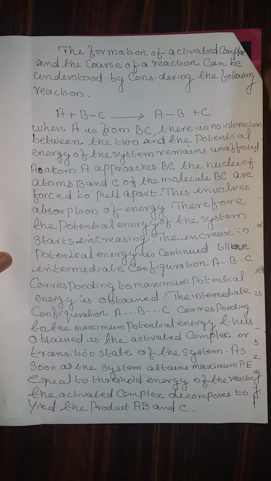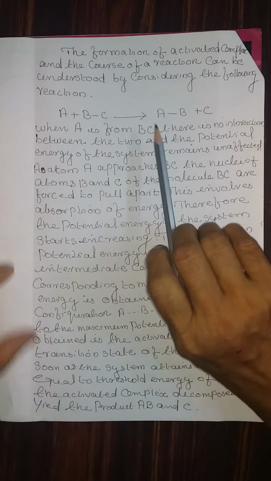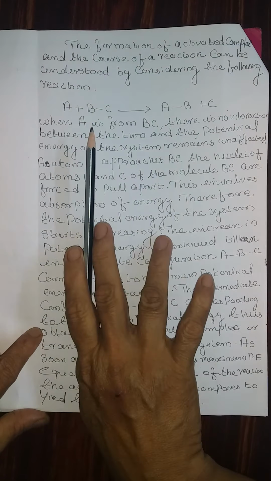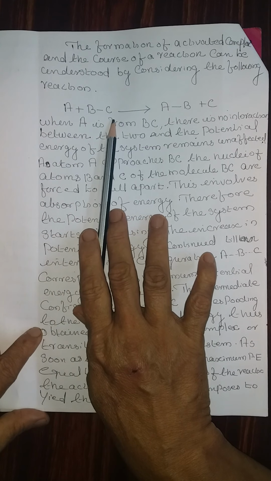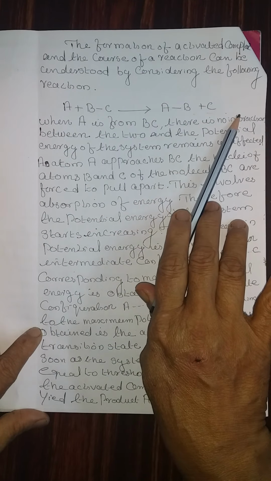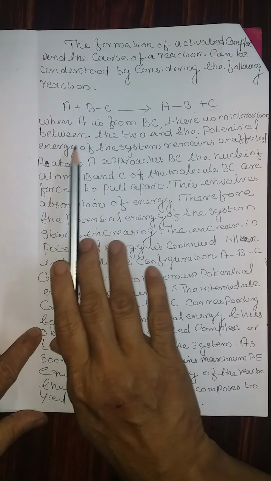The formation of the activated complex and the course of the reaction can be understood by considering the following reaction. A plus BC gives AB as the product and C is liberated. Both are considered as products.